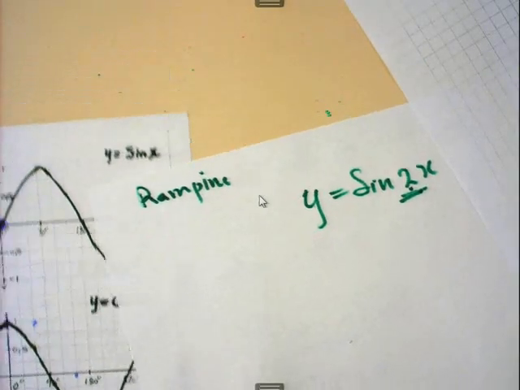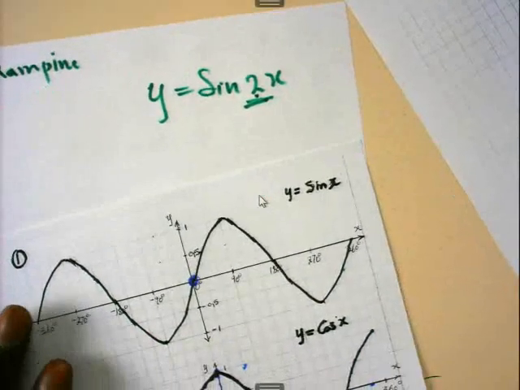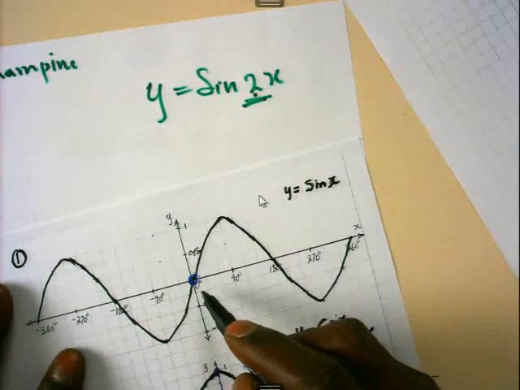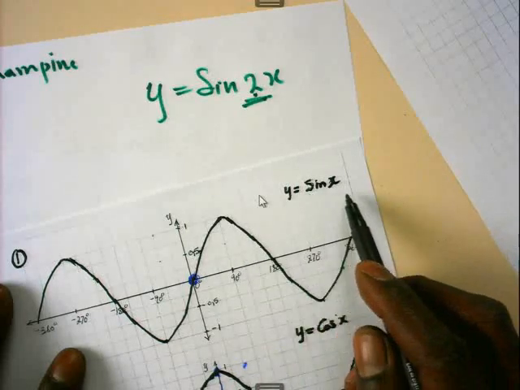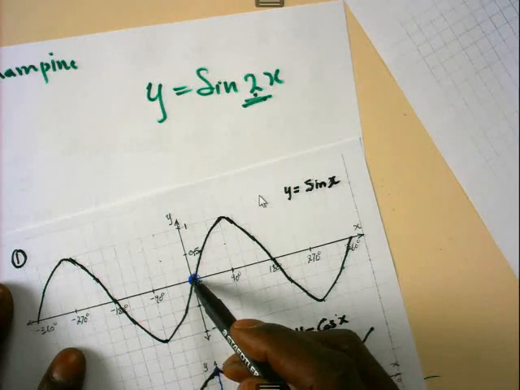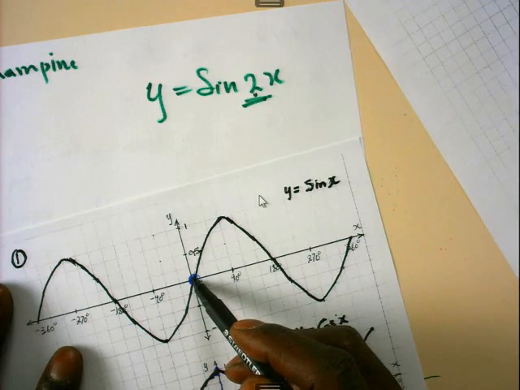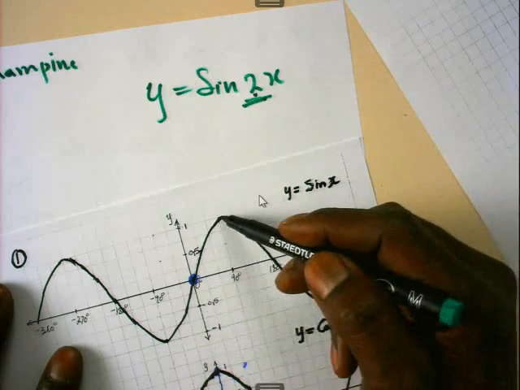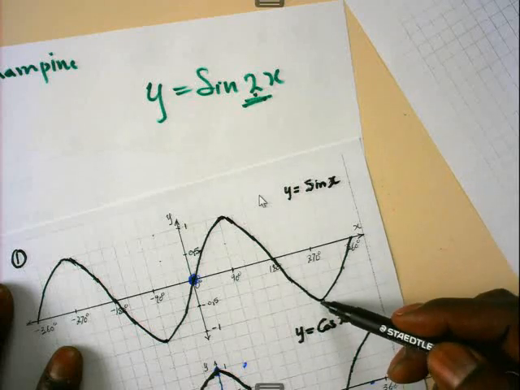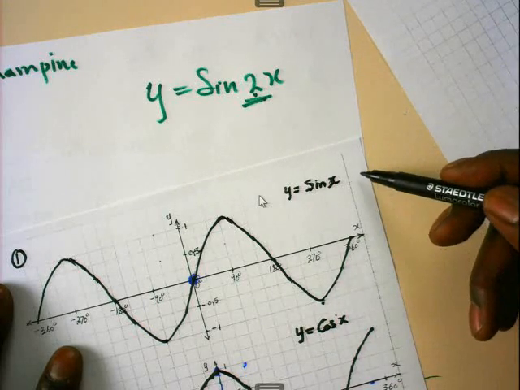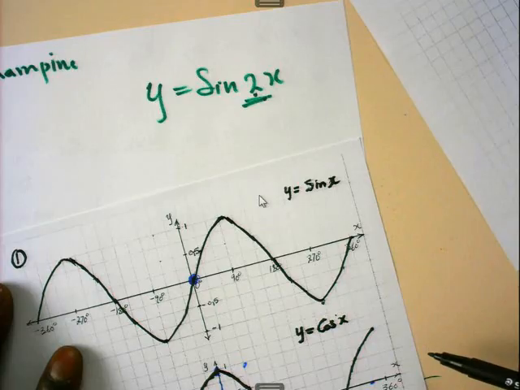Yes, it will. Look at our graph of sine. We have y equals sine x, and we are able to follow this pattern: the value of y as 0, 1, 0, negative 1, 0, 1, 0, negative 1.